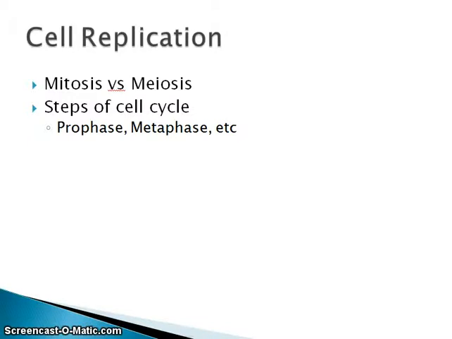And that only happens in 2 cases: male sperm and female eggs, or gametes. Because if you think about it, when you're making a new being, if you had a whole cell and another whole cell combined, you would have too much DNA.